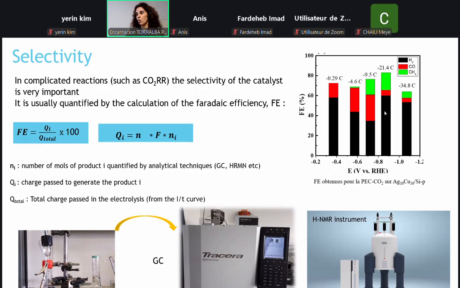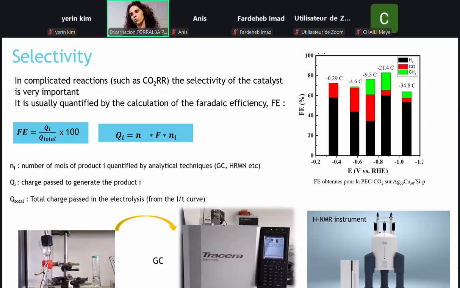So it's only at this potential that I can say I have a kind of selectivity for methane. But I cannot say that my catalyst was so selective. So the selectivity is the capacity of your catalyst to produce a given product selectively.